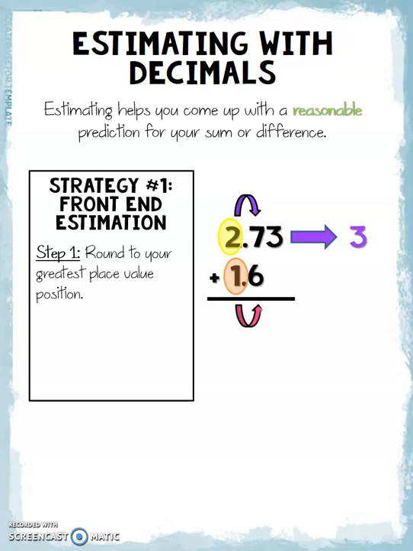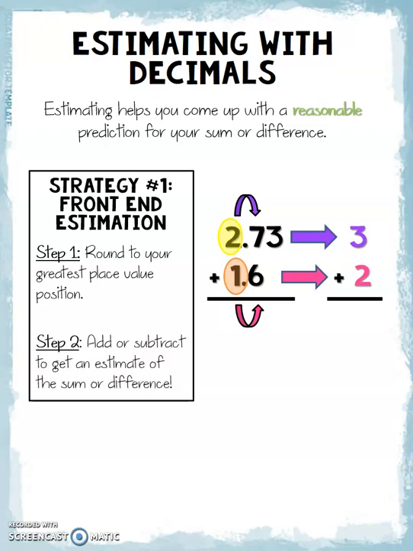I need to look at the digit directly to the right, which is a 6. The 6 tells me I need to bump up that 1, or round it up to the next whole number. So that means 1 and 6 tenths would round to 2. Finally, we'll add or subtract those numbers to get an estimate of, in this case, the sum. So 3 plus 2 means my answer is going to be close to 5.